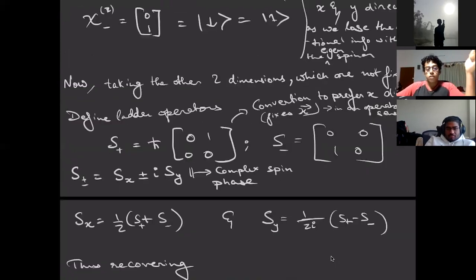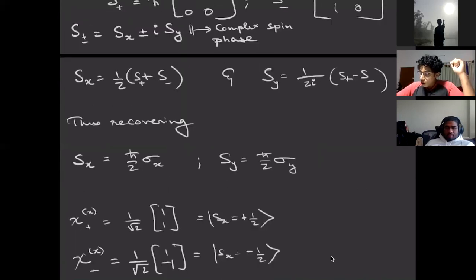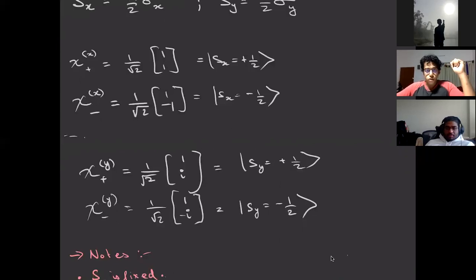But since we have fixed the z direction to contain the measurement we're talking about, then we don't need to specify. But then you can have your spinors in the other dimensions given by these matrices, right?